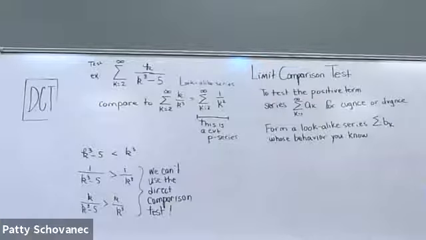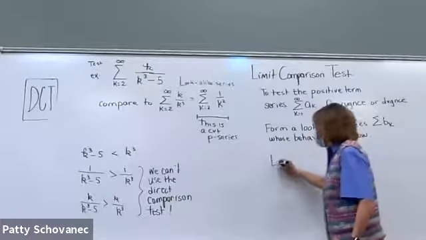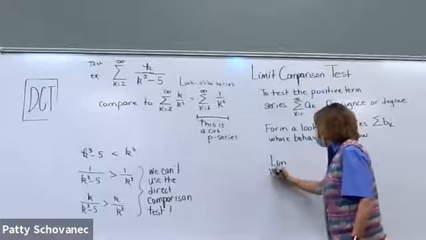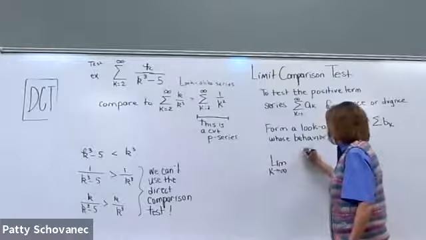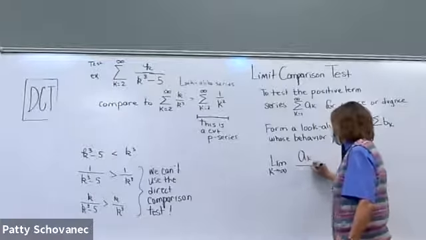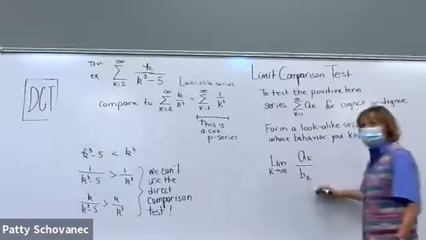Then you take a limit of the terms in the testing series with the terms in the BK series.